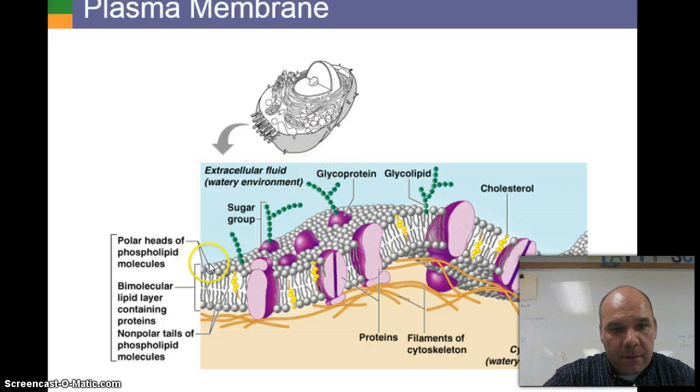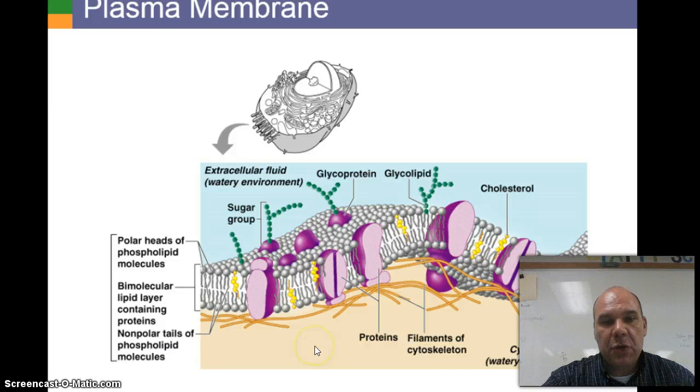You can see that right there, and there's some located here at the bottom. All right, you have the bimolecular lipid layer, and that contains certain proteins. We'll talk about those proteins tomorrow. We'll continue to build upon that. And then here in the middle, you have the nonpolar tails of the phospholipid molecule.